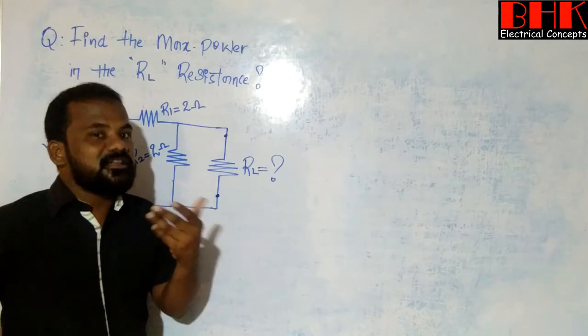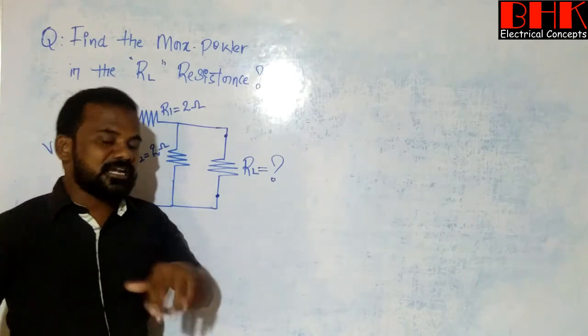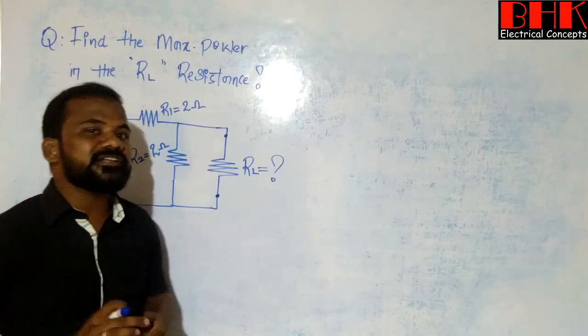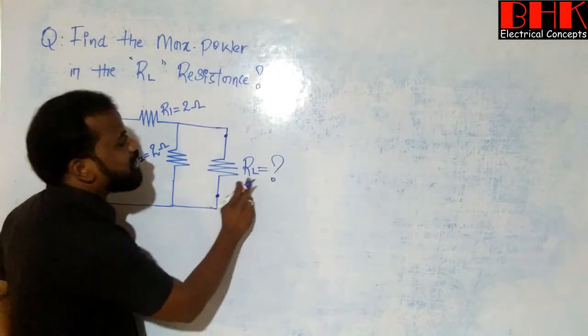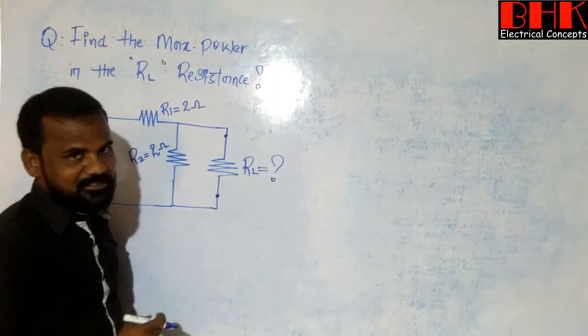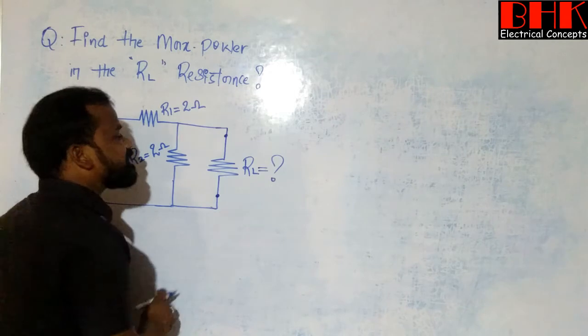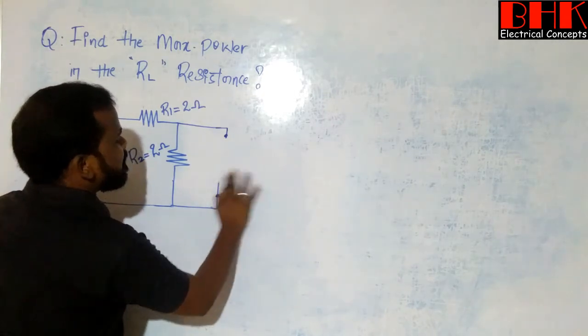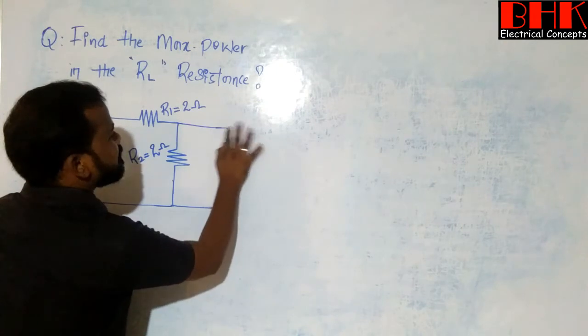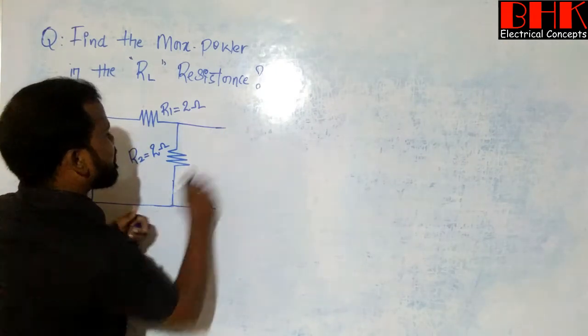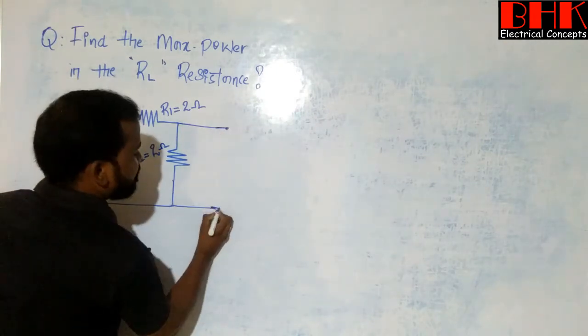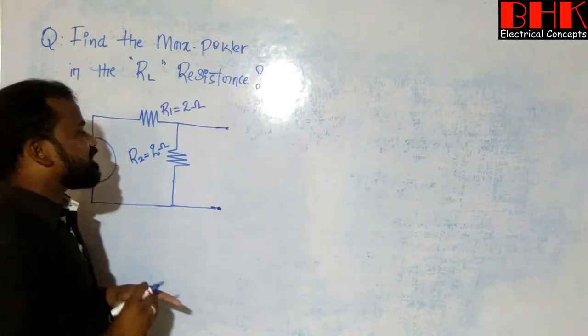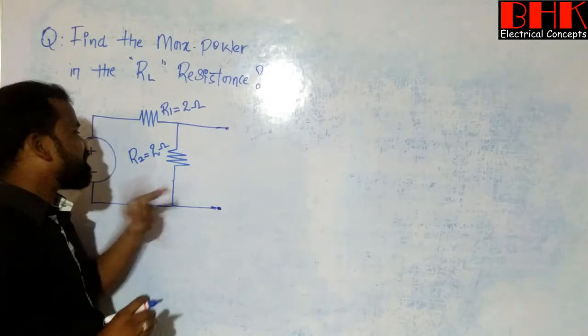If you know the values of Thevenin resistance and Thevenin voltage, then it is very simple to calculate the maximum power in the load resistance. Clear? Now step number 1 is to disconnect the load resistance from the actual circuit. Clear? Now yes, see here, I disconnected the load resistance from the given circuit.